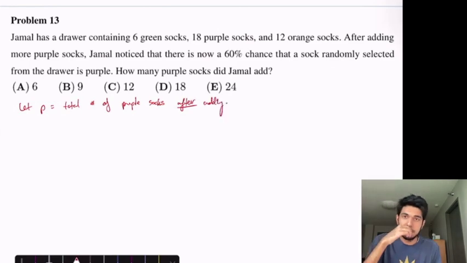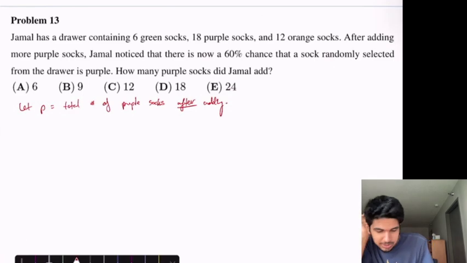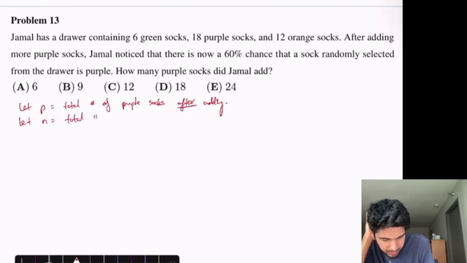That should be 60% of the total amount of socks. So let's create a variable for the total number of socks. We'll let n be the total number of socks after adding.